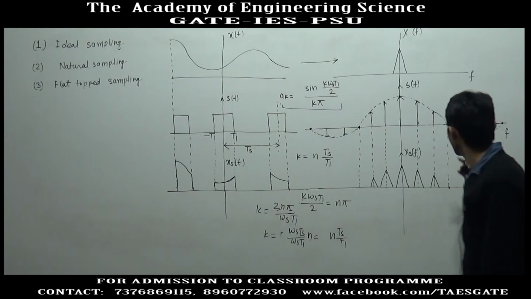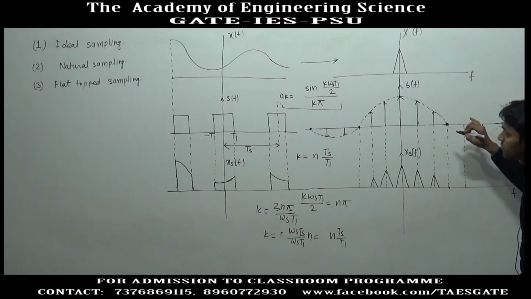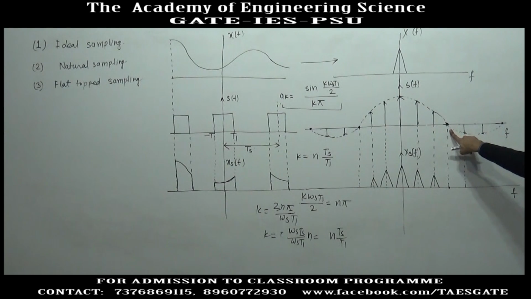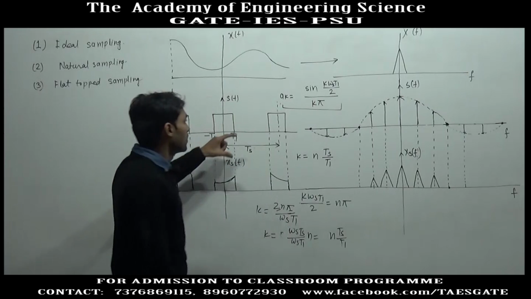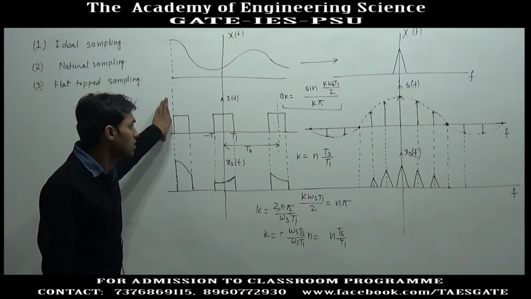Corresponding to those values of k in the frequency transform of rectangular pulses, we get 0 strength of impulse. This way we got the frequency transform of rectangular pulses.